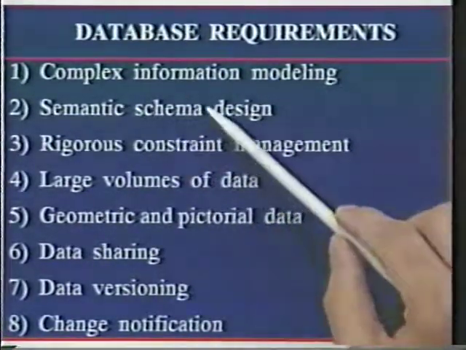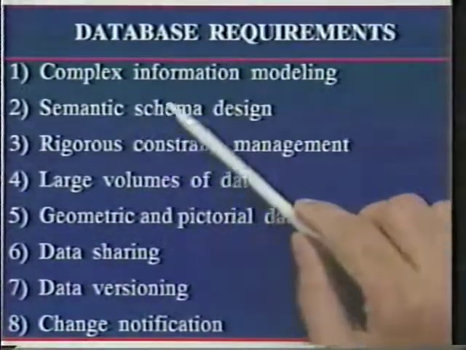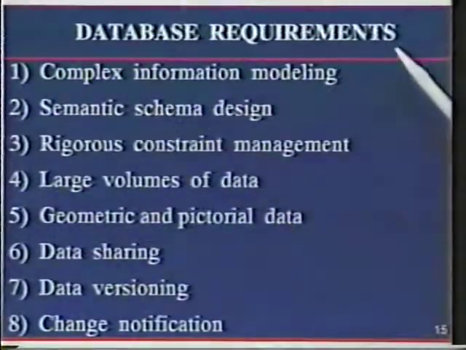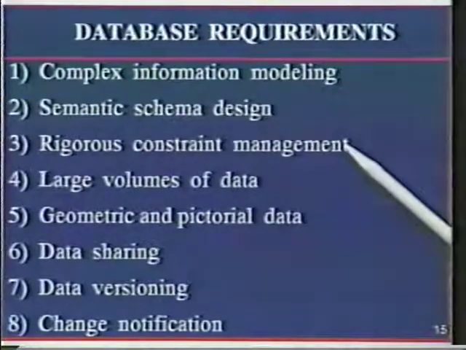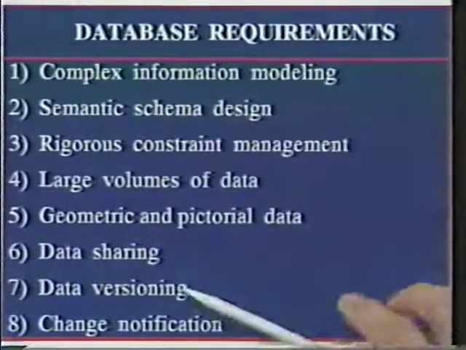I am using the word schema here to mean a collection of objects, and the word schema is used in relational databases in a different way. Since the objects are related to one another, the objects have constraints, like we have a constraint that the cathode ray tube should be within the housing. So, this is the physical constraint which is placed, and this particular constraint has to be satisfied no matter what happens.